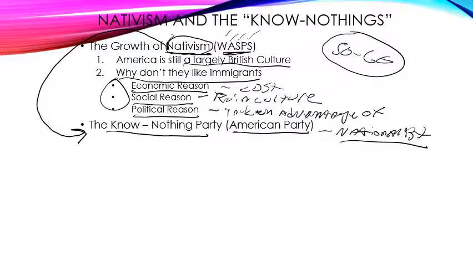Now, the reason they call them the Know-Nothings is when this party would get together and meet, there was a code word that you were supposed to say to get into the meetings, and the code word was, I don't know nothing. And the party just kind of became known as the Know Nothing Party. And they actually get a great deal of support. So much so that they win several seats in local government, some seats in Congress.